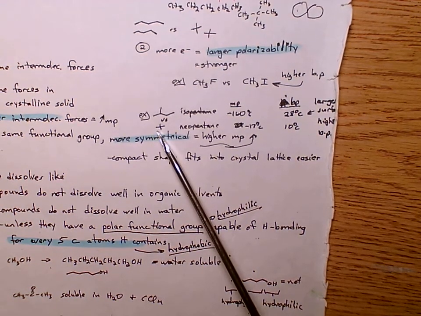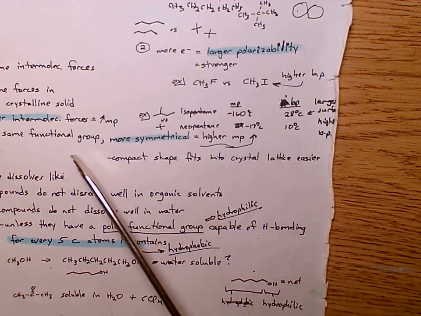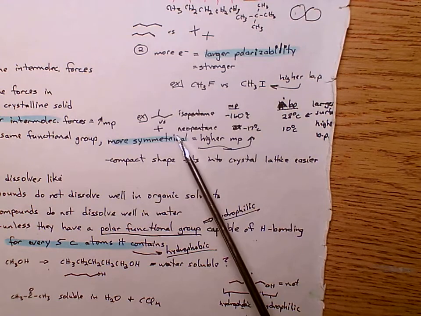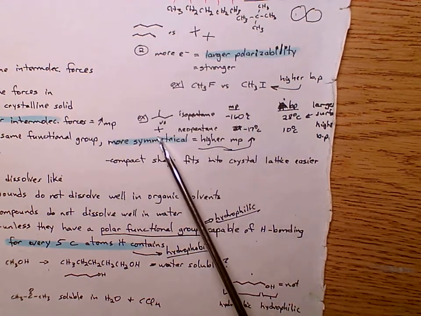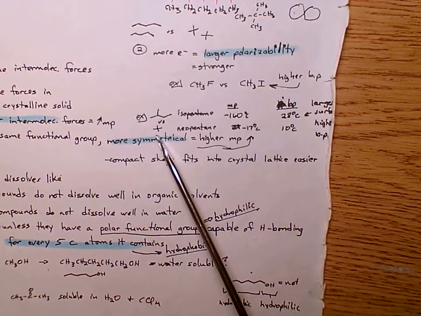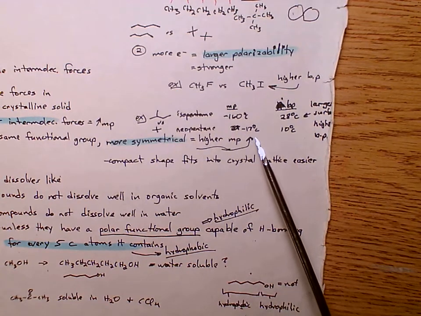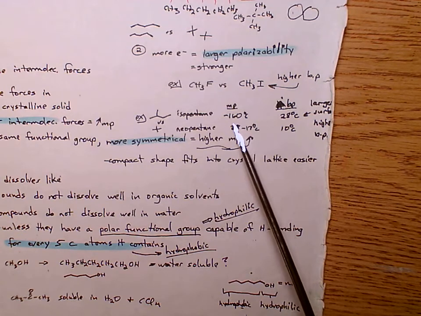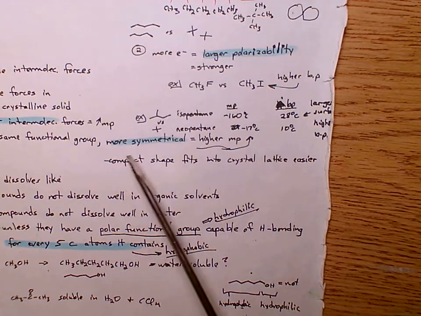Since it's more symmetrical, it is more ball-like. More symmetrical molecules have higher melting points. So we'd expect this one to have a higher melting point than this one, and it does. This neopentane, the more symmetrical, melts at minus 17 degrees Celsius. The less symmetrical melts at minus 60 degrees Celsius. More symmetrical means it fits into a crystalline solid much better.